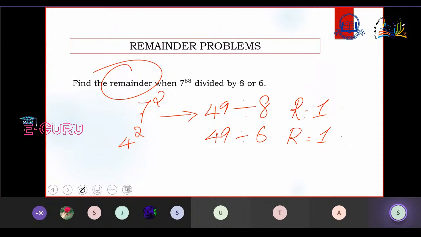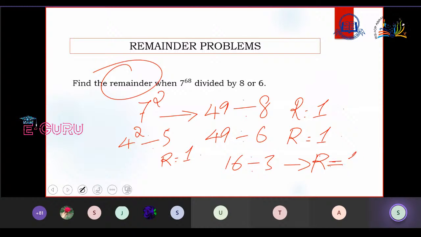The next number means 5, right? 4 square divided by 5, remainder is 1. 4 square is 16 and 16 divided by 5, we will get remainder 1. And 4 square divided by the previous number, 3, so 16 divided by 3, again our remainder is 1 only.